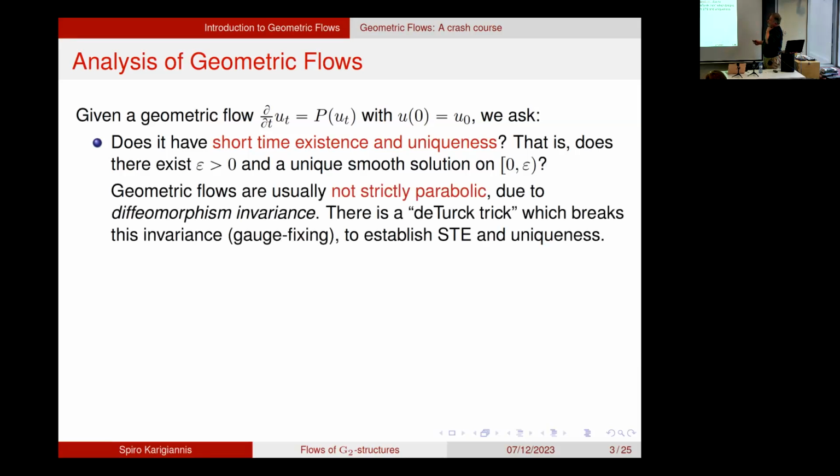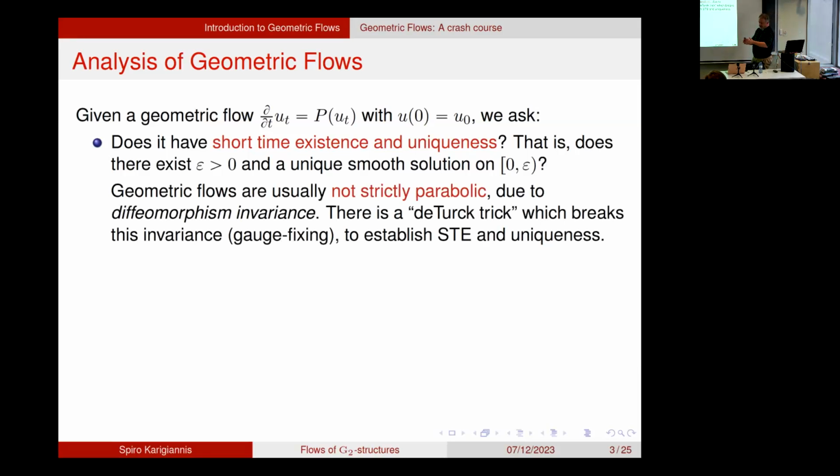If these flows were strictly parabolic PDEs, then there's this general machine of short-time existence and uniqueness for parabolic PDEs, but often they're not because of diffeomorphism invariance. And there's a well-established procedure now called the DeTurck trick, which breaks this diffeomorphism invariance. It's a gauge fixing. And you use that to establish short-time existence and uniqueness.